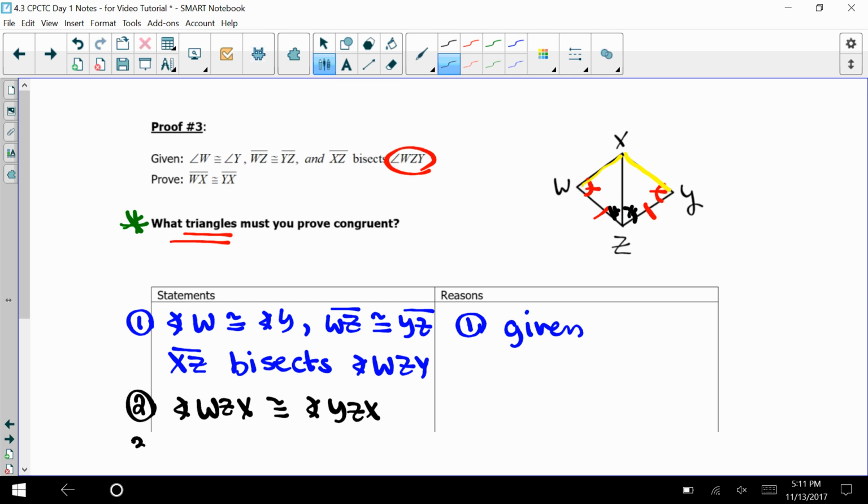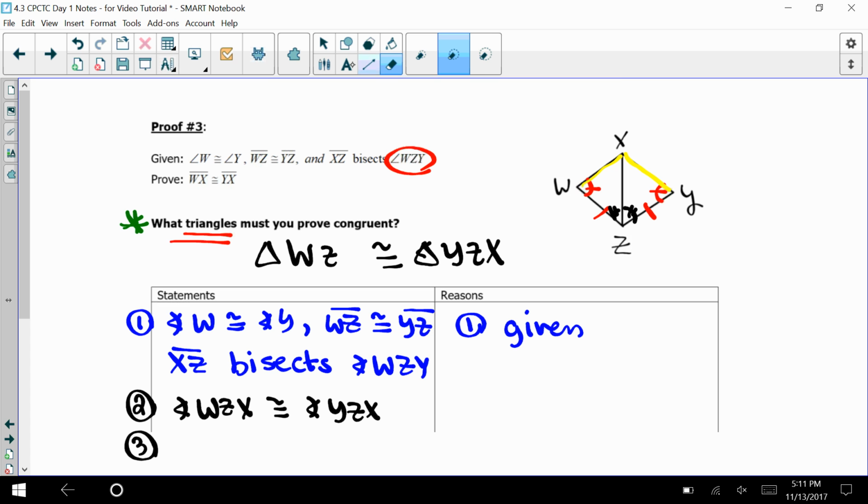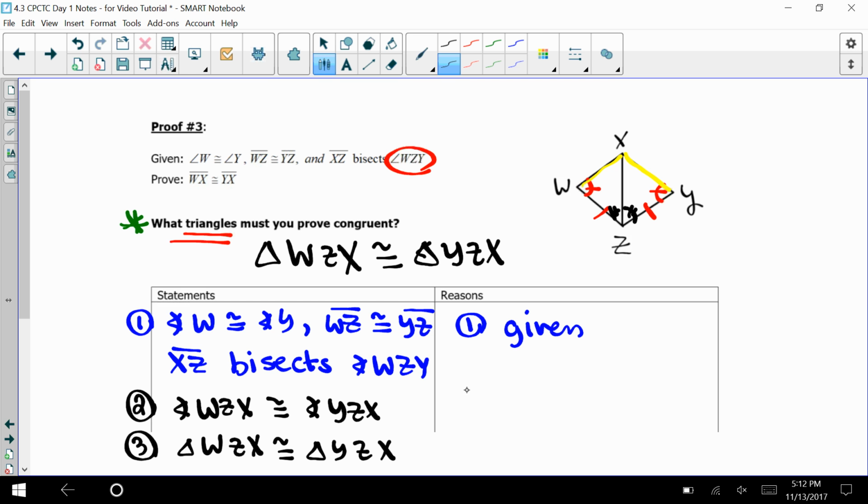And if you said we wanted to prove triangle WZX congruent to triangle YZX, then you are correct. And we can prove that these triangles are congruent. Oops, I didn't write step 2. So we could prove these are congruent through angle, side, angle.